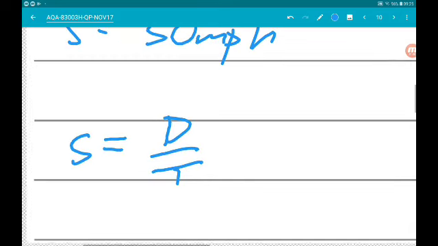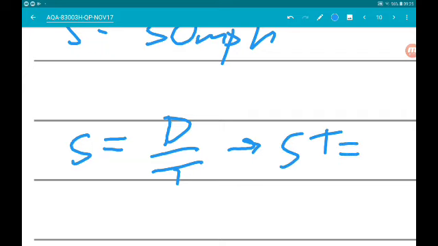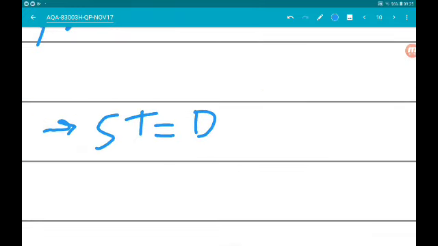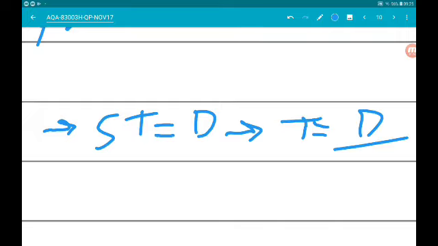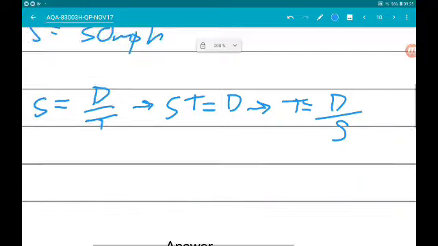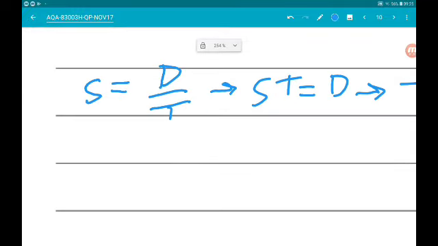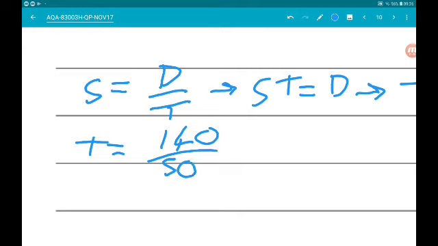So if we multiply through by t, st is equal to d, and then if we divide through by s, we get t is distance divided by speed. So here, t is 140 divided by 50, which is going to give us 2.8. Now that's 2.8 hours.